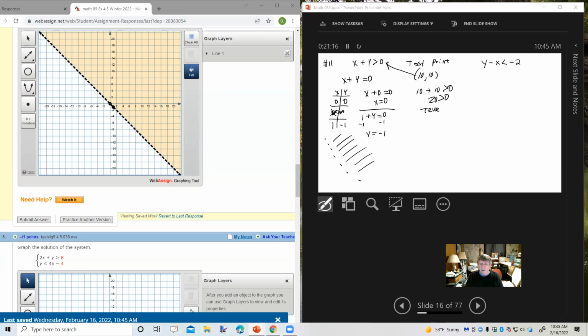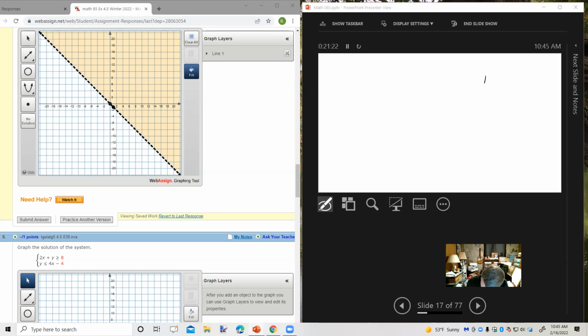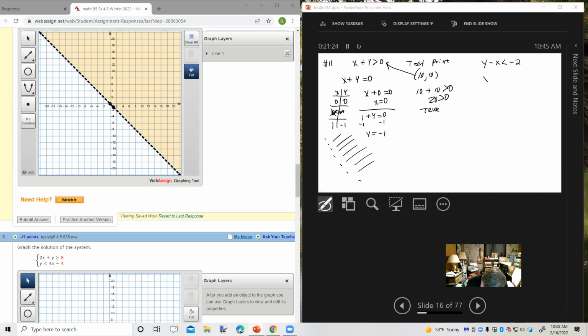Okay. Let's go over to the second inequality. And we'll write, whoops, the related equation. And I'm going to find two ordered pairs there. Y is 0, 0 minus x equals -2. Negative x equals -2. Oops. Divide both sides by -1, x equals 2.